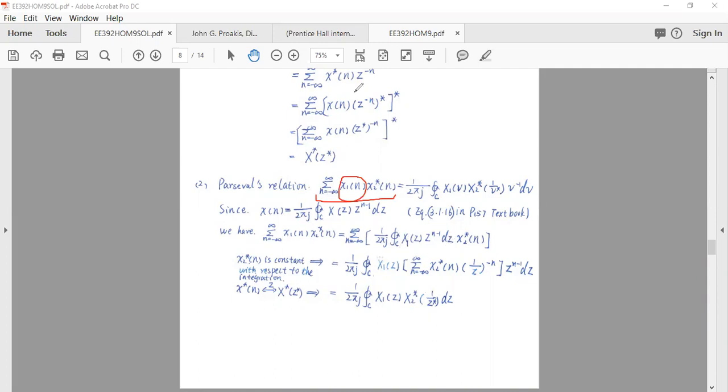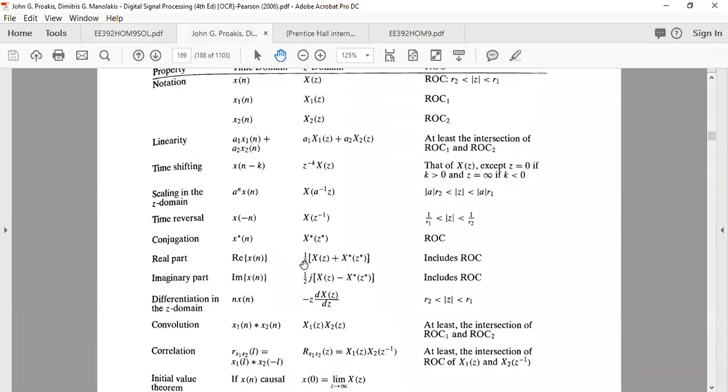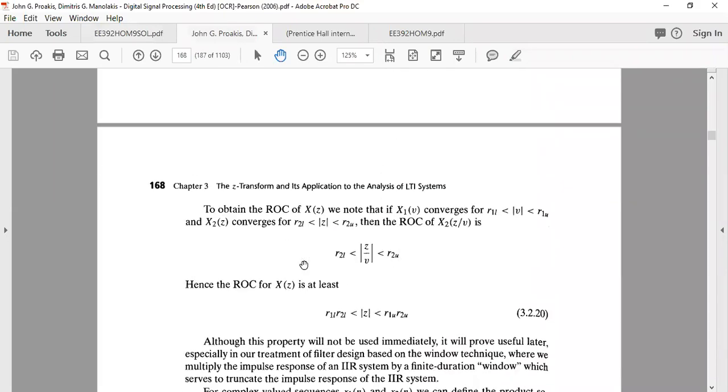That particular property you can find in your textbook. Let me go and show it to you from your textbook. Inverse Z transform.